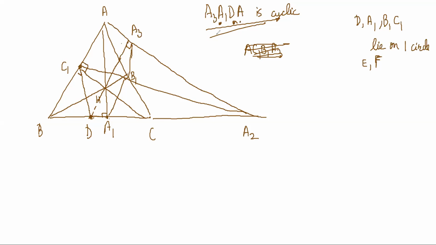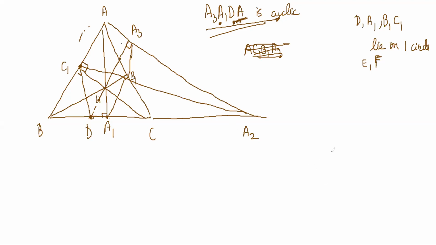Hey, why are they on the same circle? Not on the same circle. This circle is different, no? A3, A1, D, A are not on the same circle as the 9-point circle. The 9-point circle will be somewhat like this, no? A definitely does not lie on the 9-point circle, no? You understand? Yes.